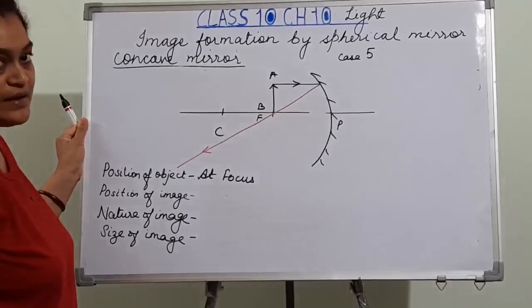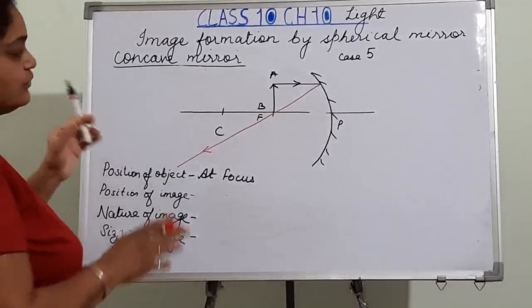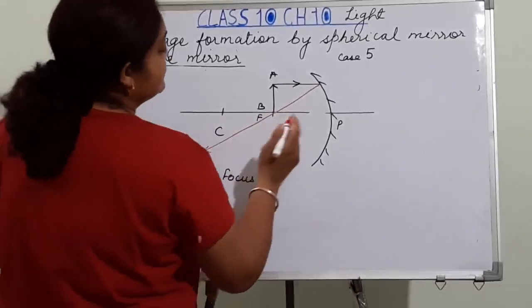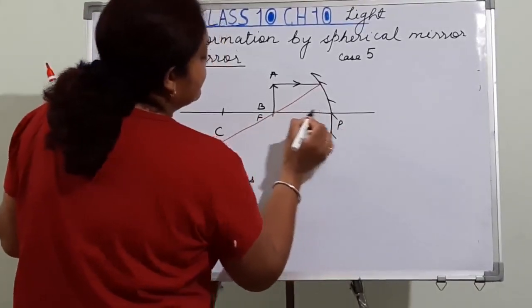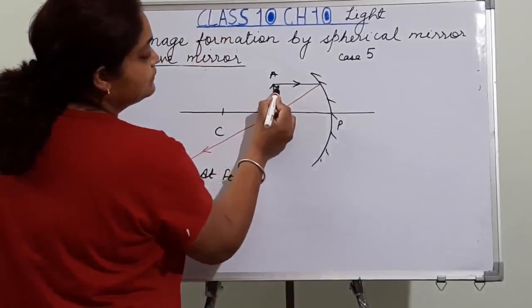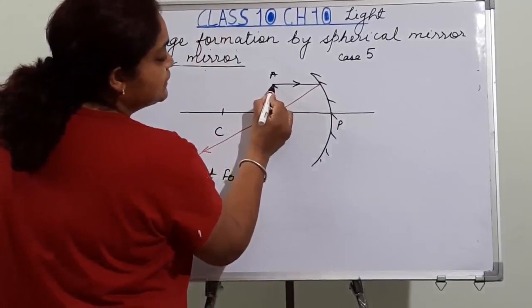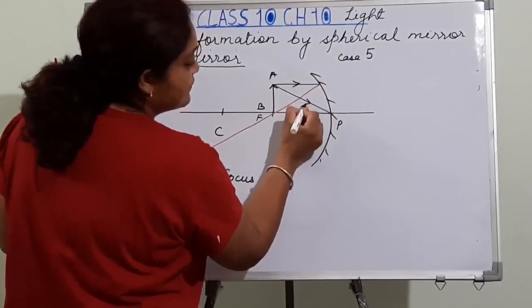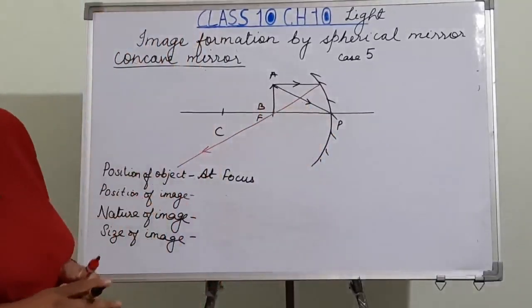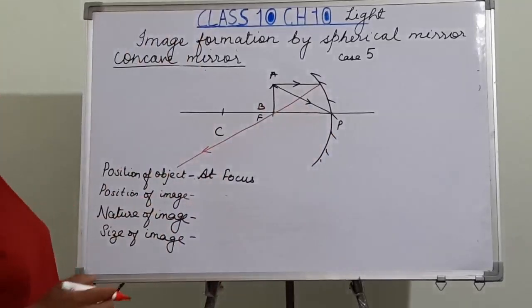We can take passing through center of curvature also, but first I am telling you with pole. This is the second ray.